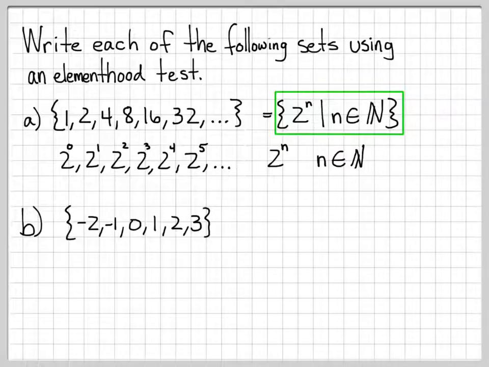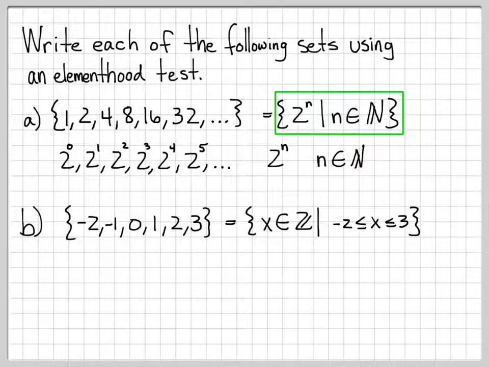So it seems pretty obvious we should probably use the set Z, which consists of all integers. The only difference is Z goes up forever, right? It includes the elements 4, 5, 6, 7, 8, 9, etc. It also includes a lot of negative elements, -3, -4. So even though we are probably going to want to use the set Z here, we need to restrict the values to contain just the values that we see in our original set.